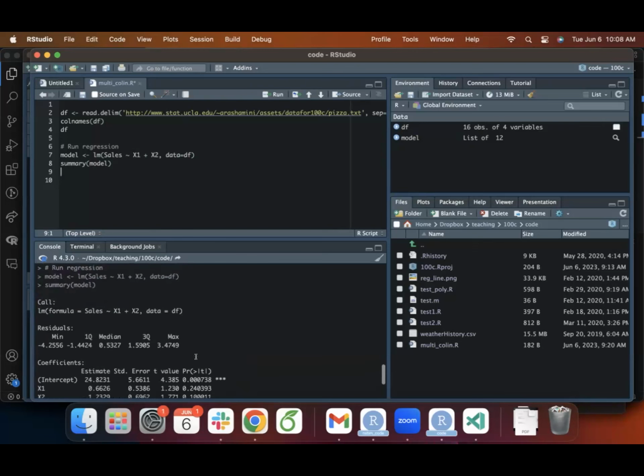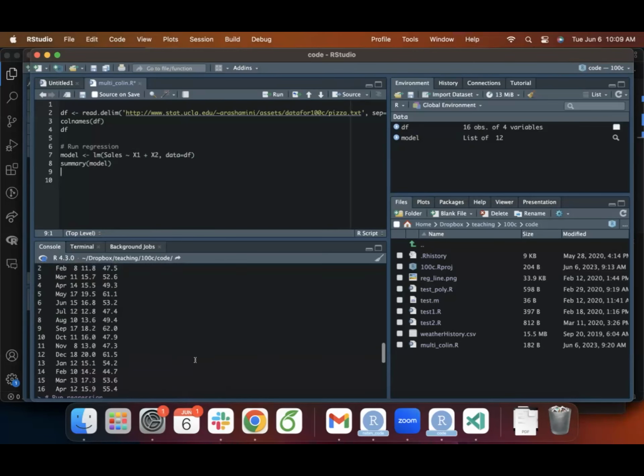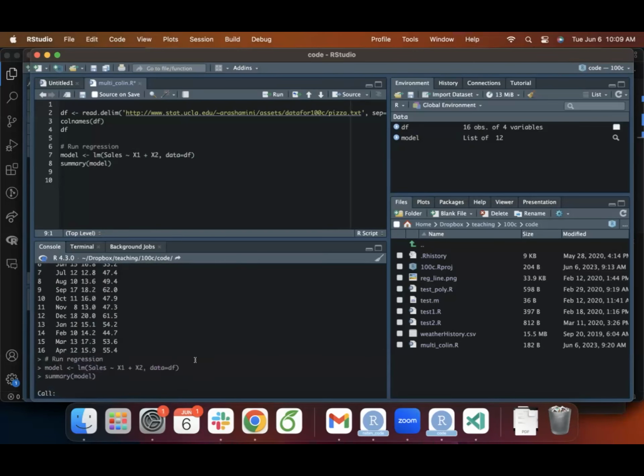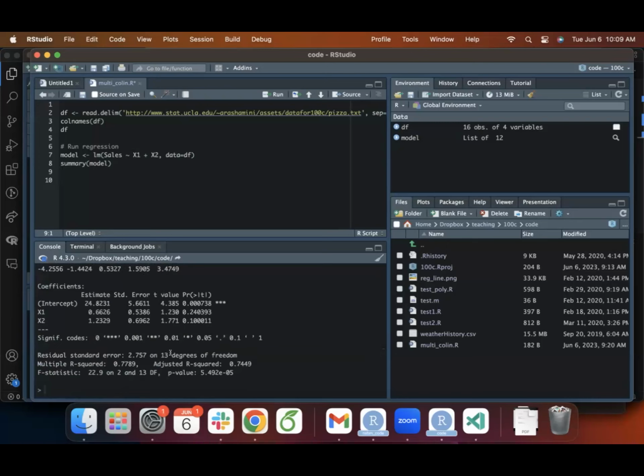So where do the 13 degrees of freedom come from? How many samples do we have? 16. How many covariates do we have? p plus 1, let's say 3. So 16 minus 3 is 13. So 13 is n minus p minus 1.